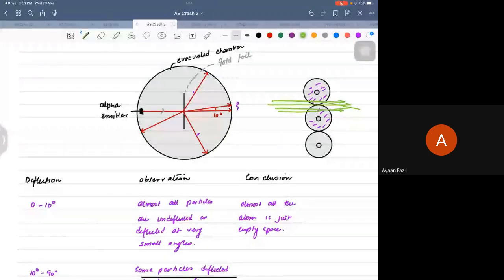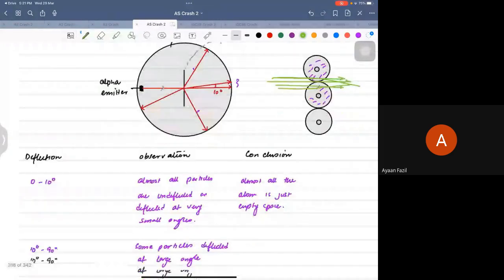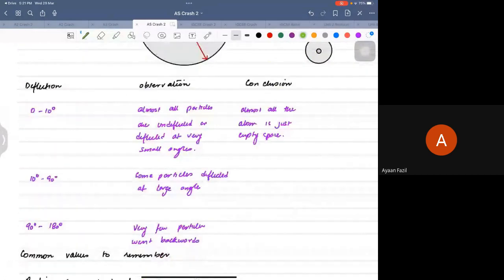Then comes when the deflection is very large. Why is that?